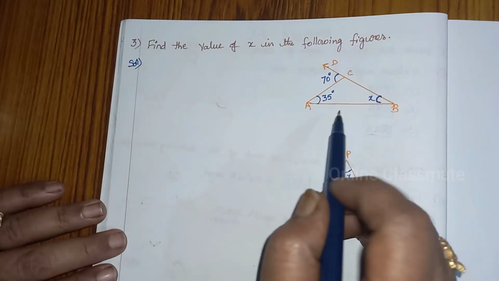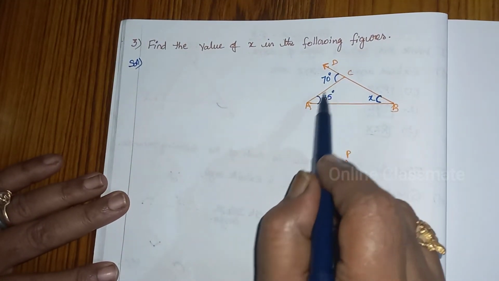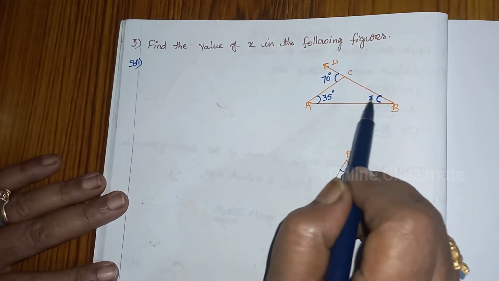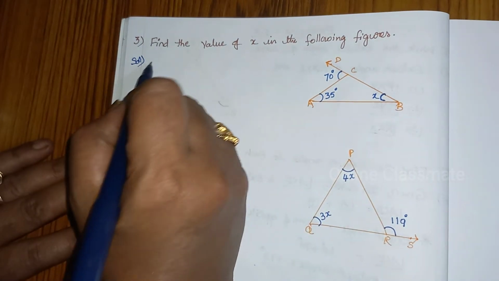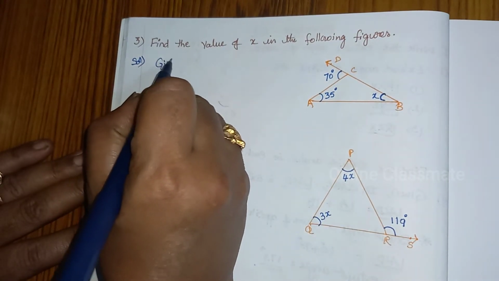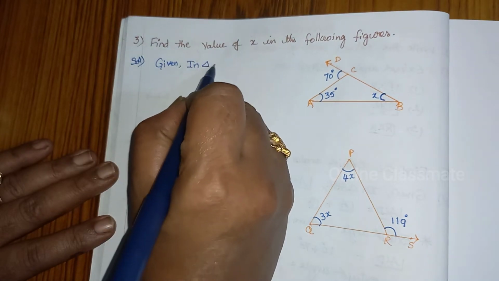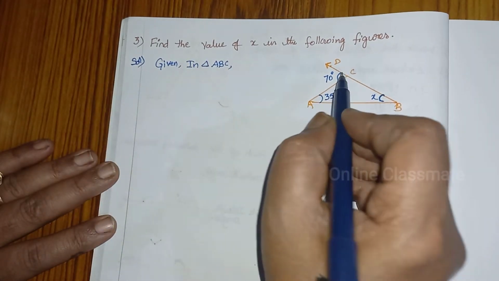See the children, same figure. DCA is the exterior angle. Exterior angle is equal to the sum of opposite interior angles. Given, in triangle ABC, angle DCA is the exterior angle.